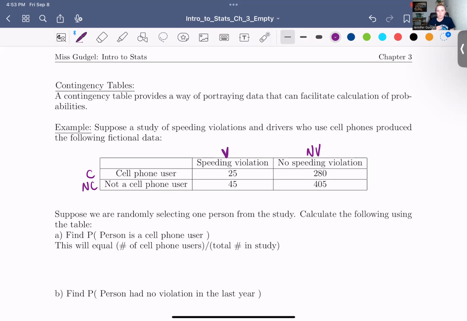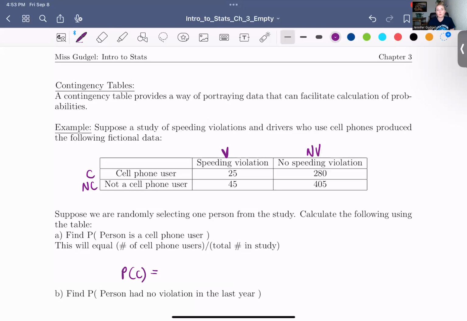So here, this would be the probability of a cell phone user, or P of C. The way we find this is the number of cell phone users out of the total number in the study. This table doesn't already have these separated, but we need to know the total number of people in the study in order to know what these fractions will be out of.